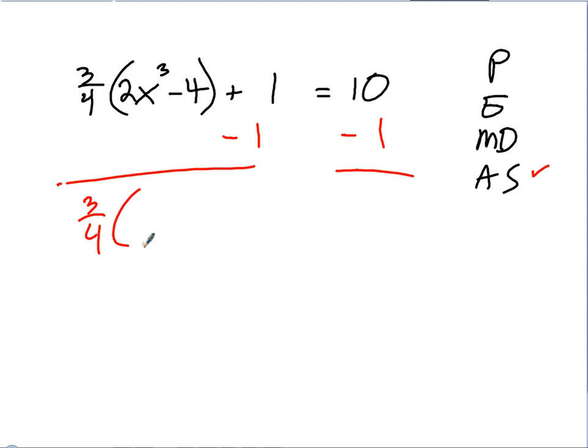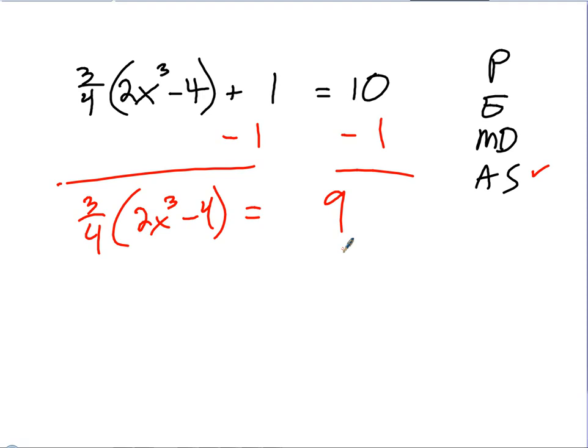I'd say 3/4 times the quantity, 2x cubed minus 4. Does that make sense? Okay, that's how I should say that. Equals, what do I get over here? Okay, what's next? Ah, okay. Yeah, the 3/4. How do I undo multiplying by 3/4?